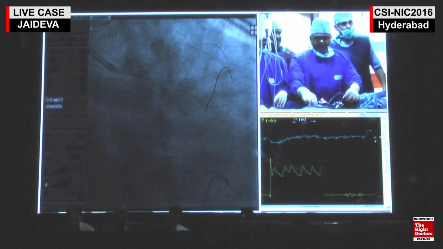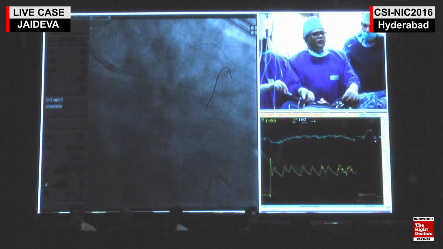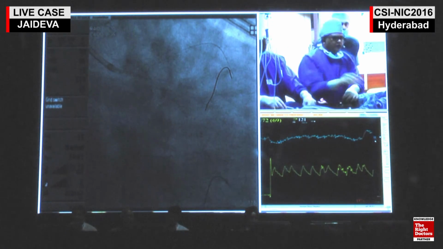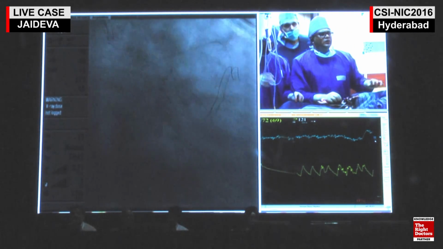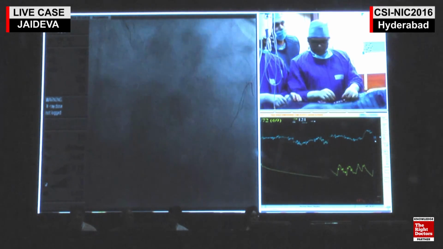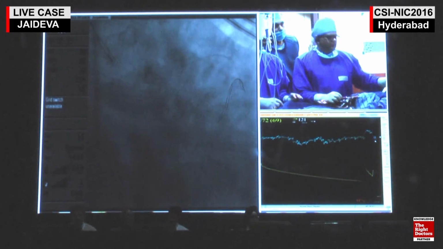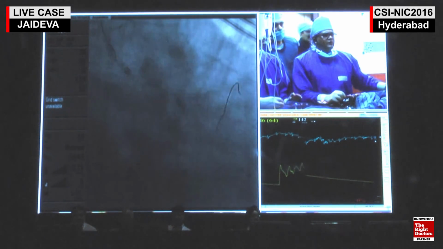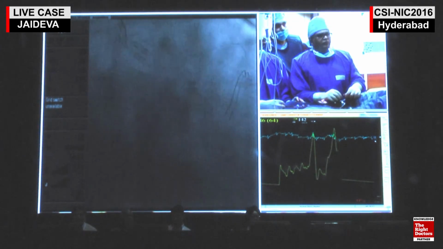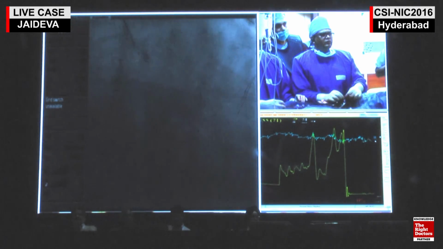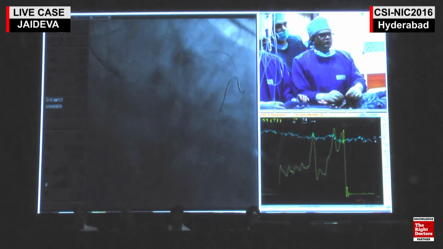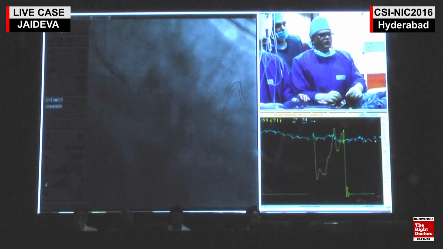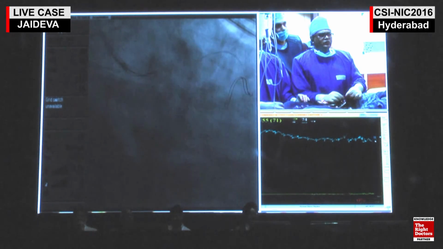Okay, pressures are fine. He is stabilized now. Okay, it's okay. One of the wires is out. Okay. Slightly. Okay, you go.